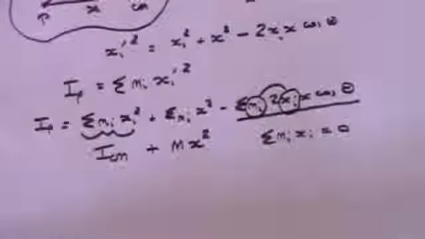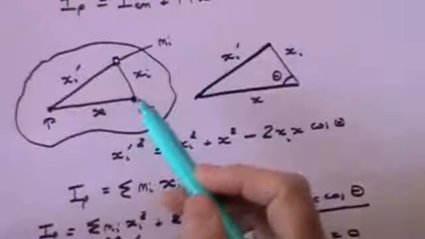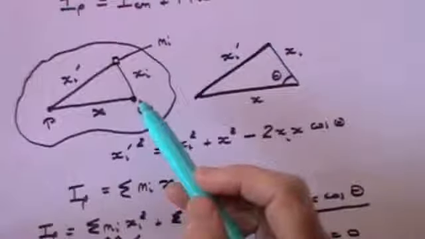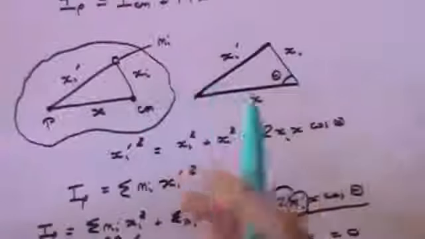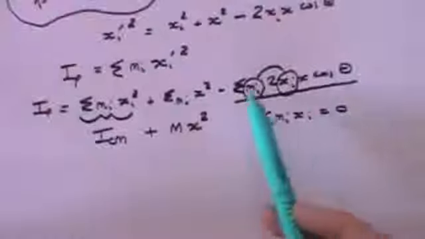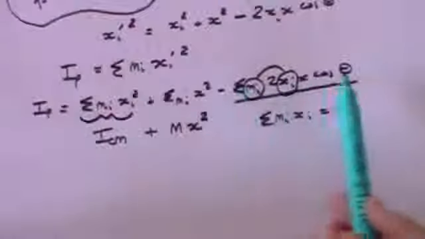It was one of the very first things we did to show that, provided the origin and the centre of mass coincide, and in this case they do because xi is a distance from the centre of mass and it's also the centre of the distance from the origin, then sigma mi xi equals 0. So this whole term becomes 0.